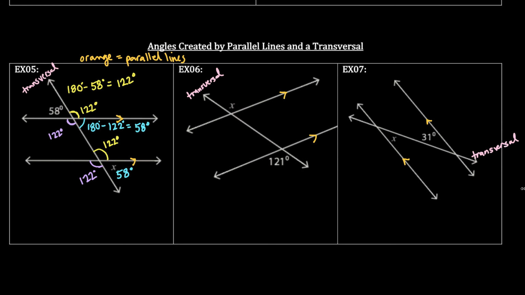I started off with the yellow last time. So we have this 121 degrees. I'm going to use that to get this angle right here. We know that these two angles are supplementary, so I'm going to do 180 degrees minus 121 degrees, which gives 59 degrees.